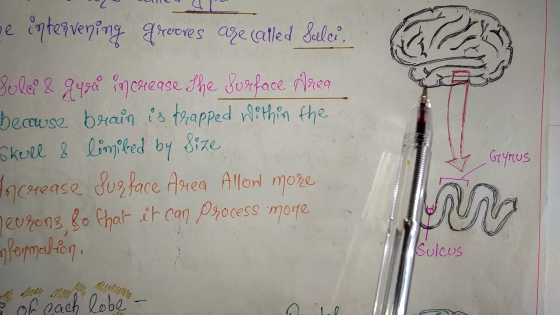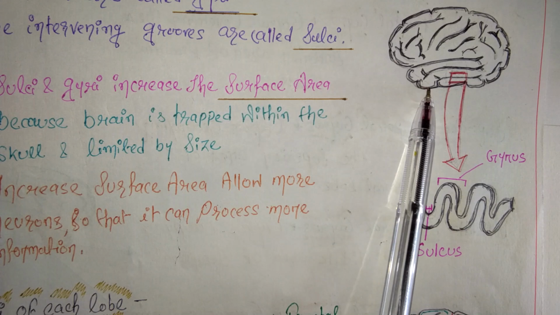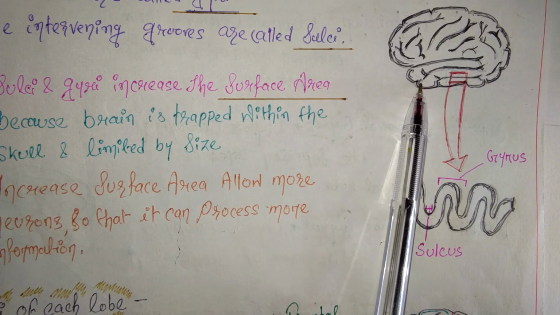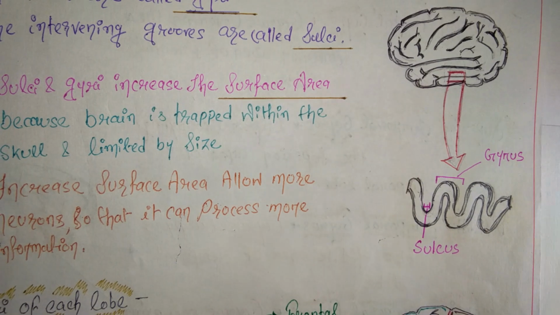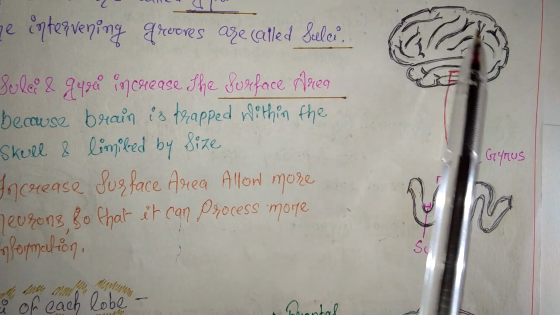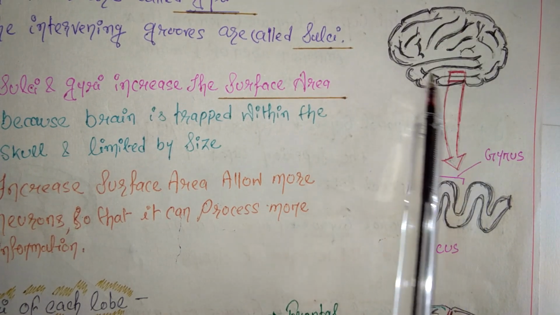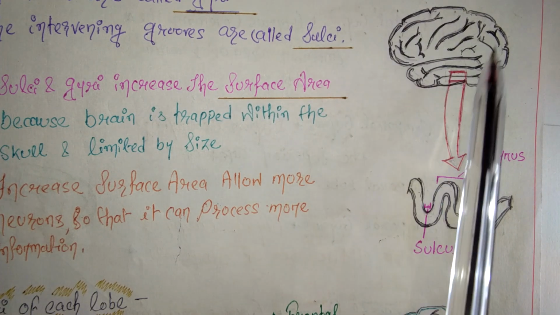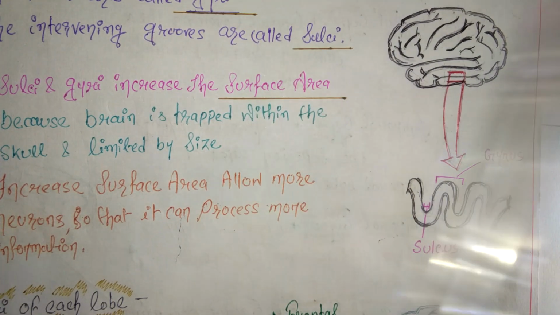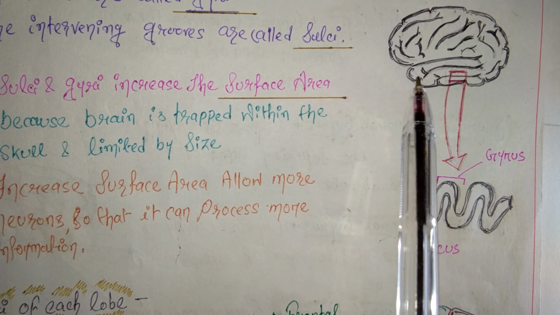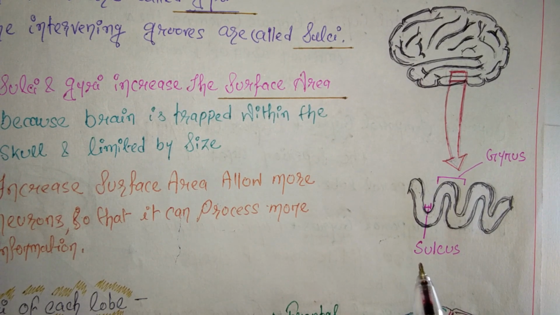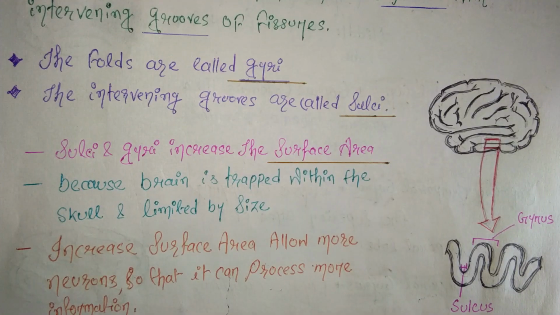So if we see here, this is the gyrus, this is the gyrus, and this part is the sulcus, okay? All foldings and all grooves together are called sulci and gyri, and only one folding and only one intervening groove is called gyrus and sulcus, okay?